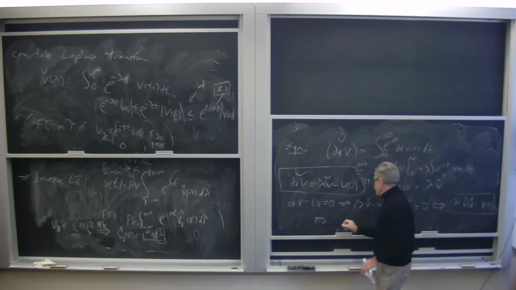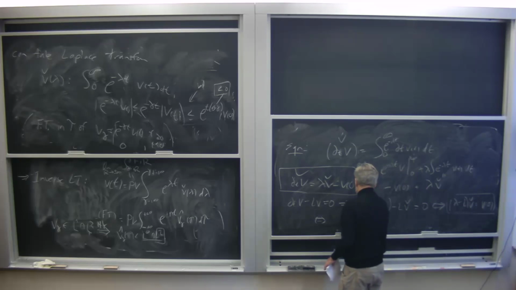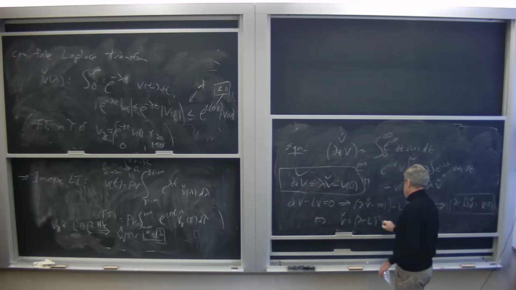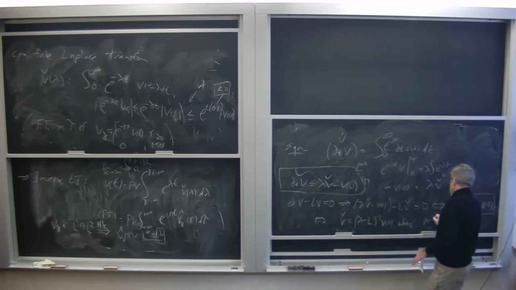And this gives that v check is equal to lambda minus L inverse v of 0, where lambda minus L inverse exists.